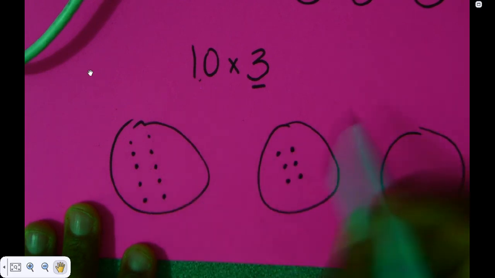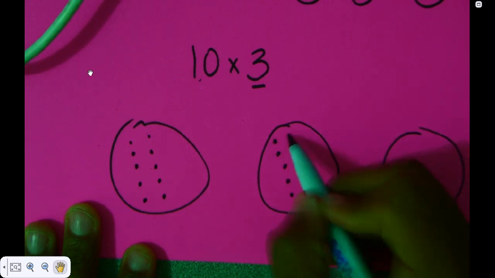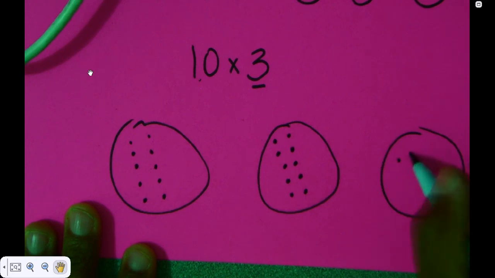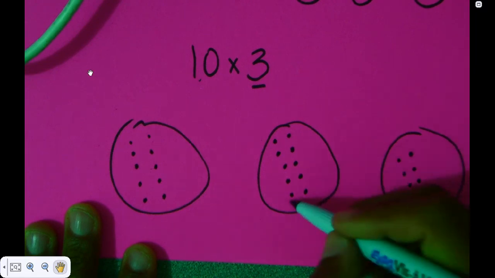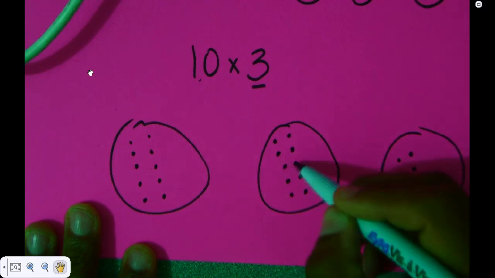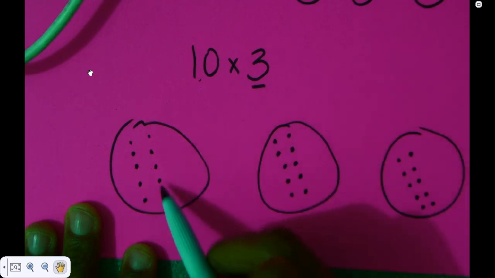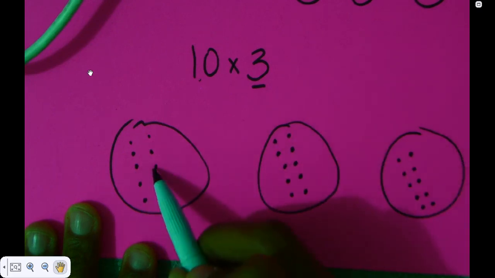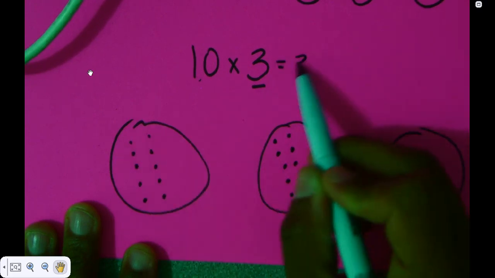And again, I'm trying to make sure I make my dots nice and neat so that I can easily count them. So I know this is 10, 11, 12, and so on, up to 30.